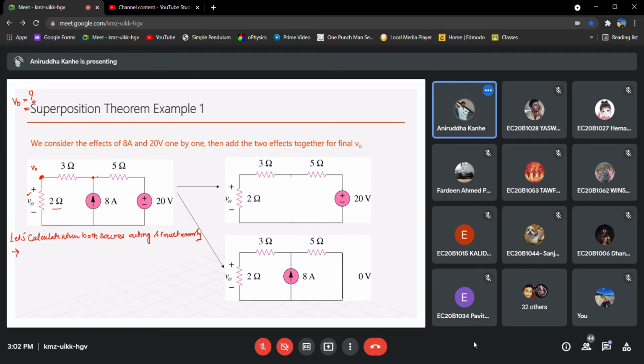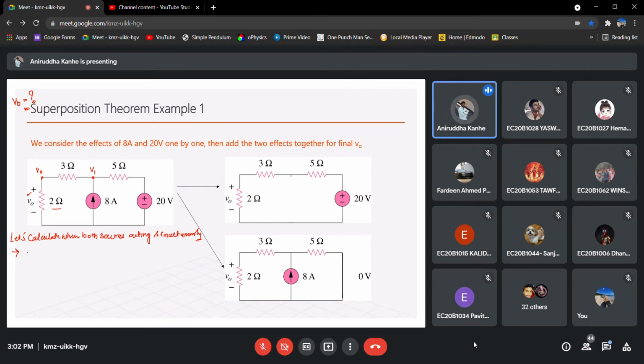Okay, let us say I am merging. Is it okay? Shall I merge these two, 3 plus 2, or you want to see it separately? Let us consider V0 separate. And this is, let's say, V1.